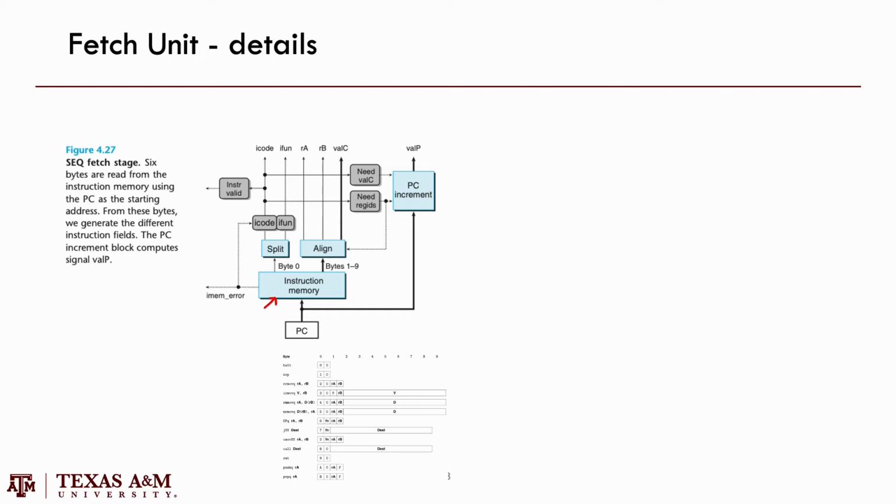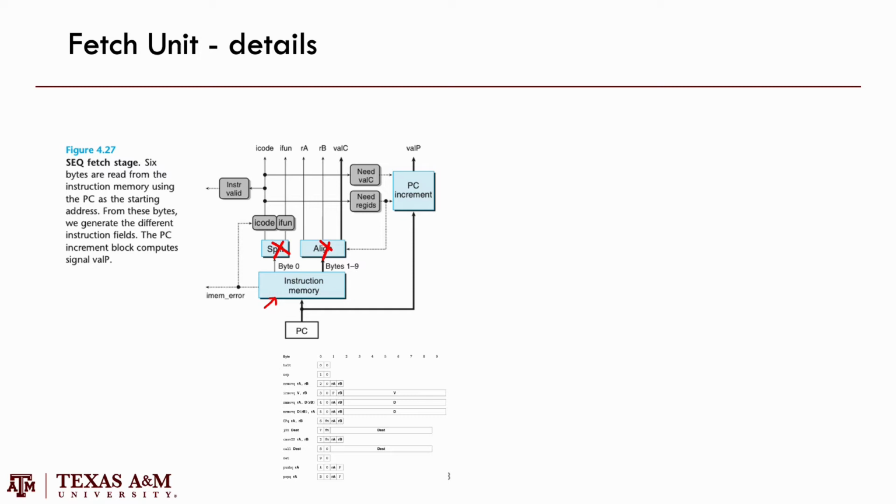And also the instruction memory will include one register that stores the instruction we just fetched and executed in this stage. Let's ignore split and align, because we can directly split the 10-byte instruction into icode, ifun, rA, rB, and valC.